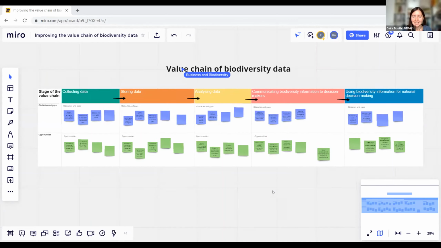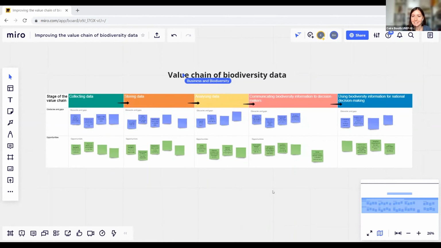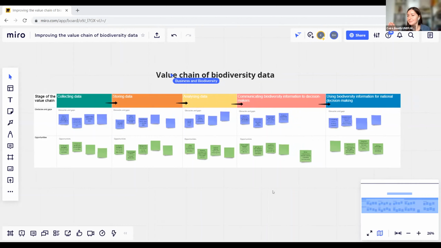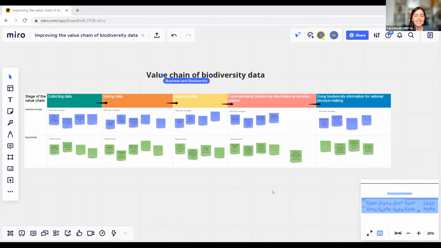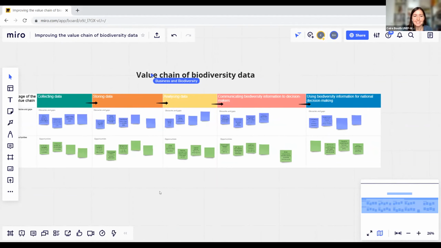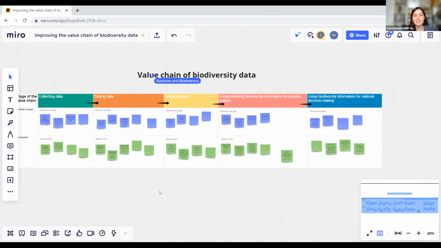This is the complete value chain of biodiversity data, a very simplified version, I should add, because there are a lot of smaller points that happen along the way, as you've all learned throughout the session. We begin with collecting data as the first step, and then the all-important storing of data.